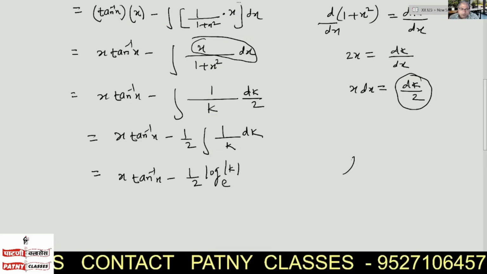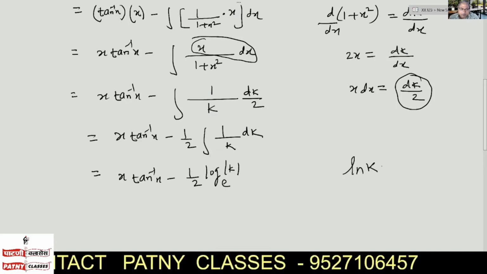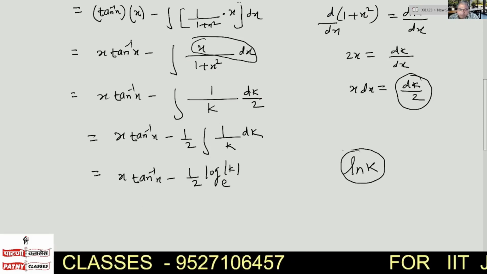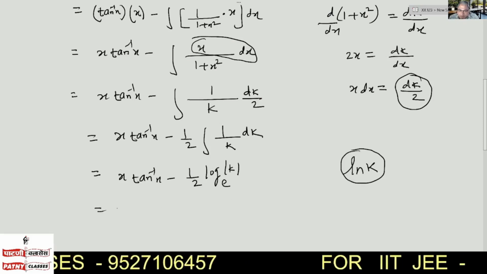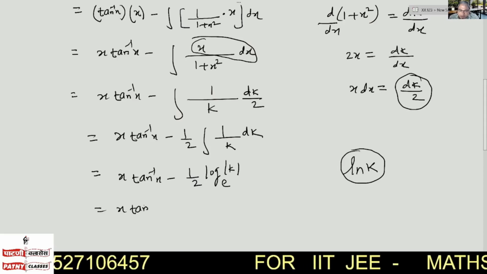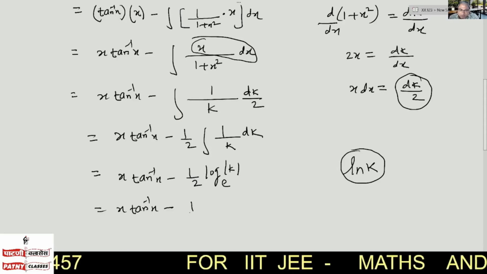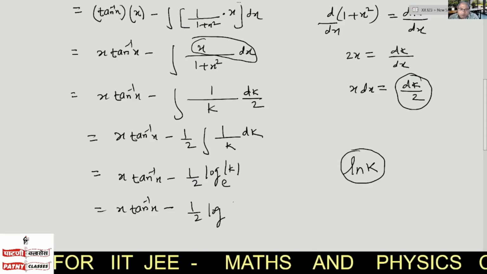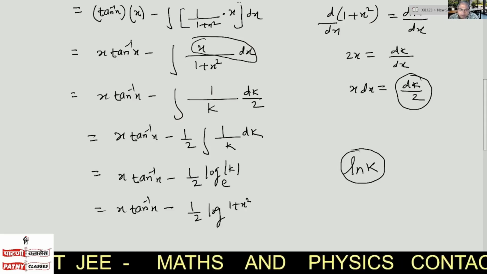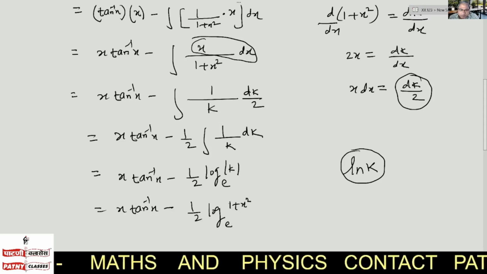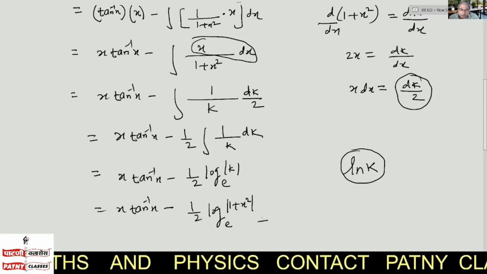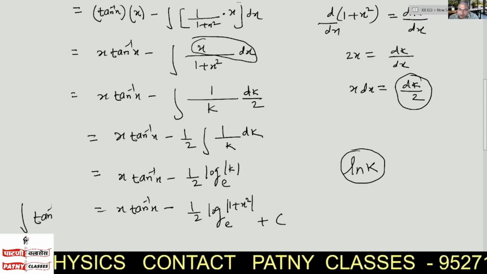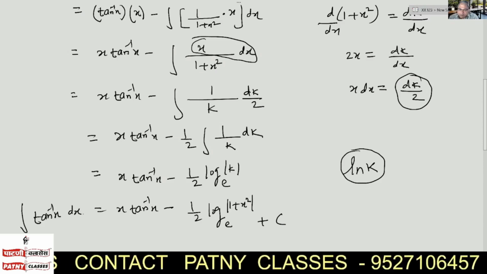It is also written as ln k, natural logarithm k, in most of the books. So it equals x tan inverse x minus 1 by 2 log of k, which is 1 plus x square, to the base e, with modulus, plus c. This is nothing but integration of tan inverse of x with respect to x.